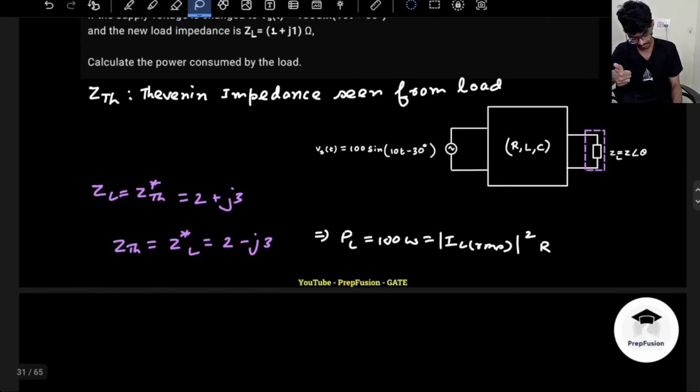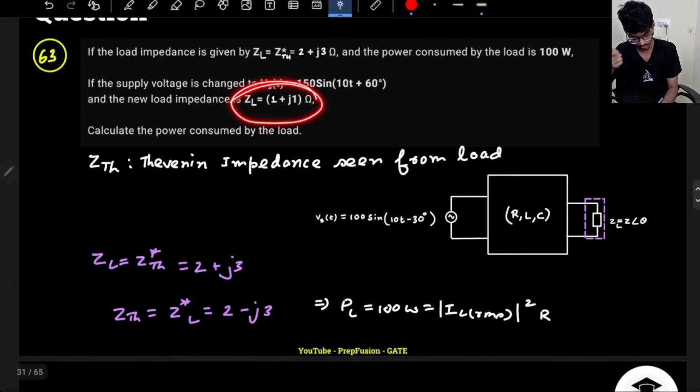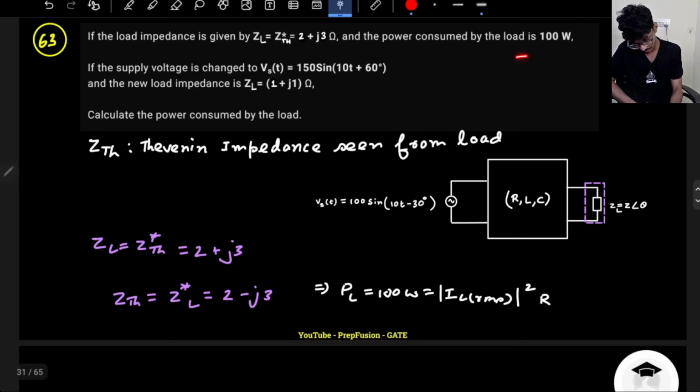So the important point is, you know the Thevenin impedance, and they are telling you this is the new load impedance and this is the new supply, then what will be the power consumed by the load. So how do I find it out? I don't even need the previous power consumed actually.